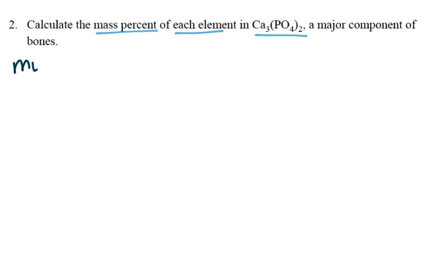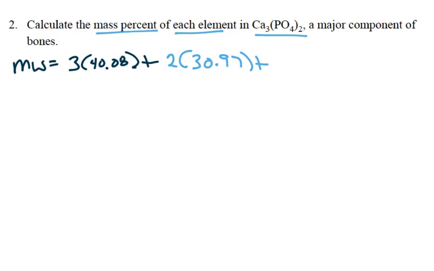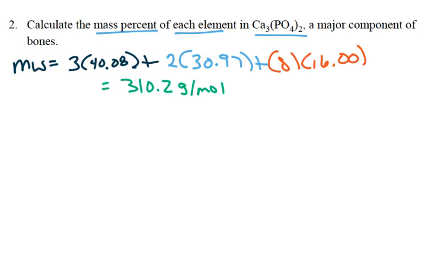So the molecular weight of the whole thing equals 3 times 40.08 plus 2 times 30.97 plus 8 times 16.00, equals 310.2 grams per mole.